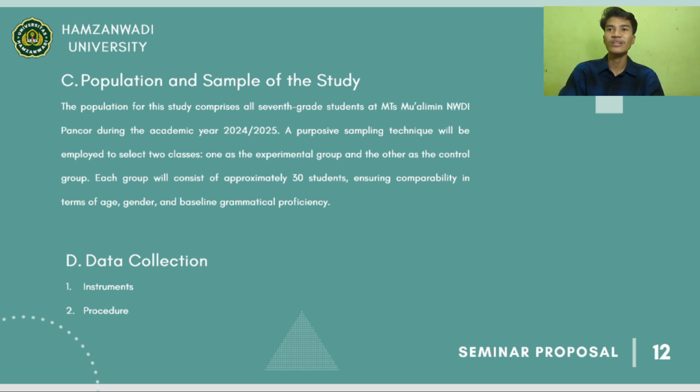This test will cover key topics such as verb tenses, subject-verb agreement, and sentence structure, and will be validated by experts in English language education. And B, questionnaire. A Likert scale questionnaire will be administered to judge students' perception of Kahoot's effectiveness in enhancing their motivation and engagement during grammar lessons.